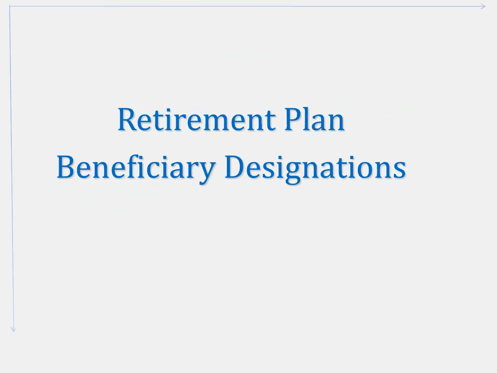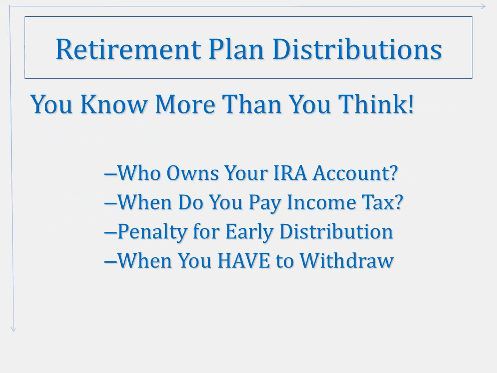So let's talk first about retirement plan beneficiary designations. What I find is that people get a little bit confused about this, but they really don't realize how much they know. And you know more than you think. So you know who owns your IRA account, and you also know when you pay income tax on it.